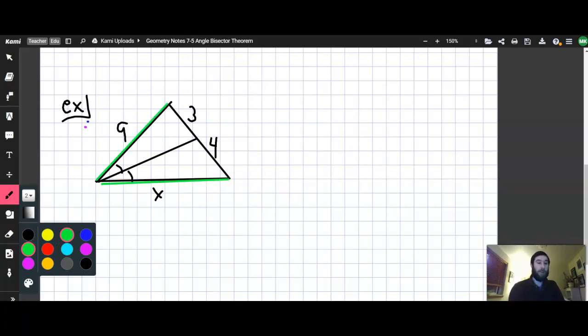And its corresponding side is the 9. X also matches with the 4 because they're on the same sides. And so whether you put x over the 4 or if you put x over the 9, you're going to be in great shape either way. So I'm going to go ahead and put x over 4, which then means I have the 9 over 3.